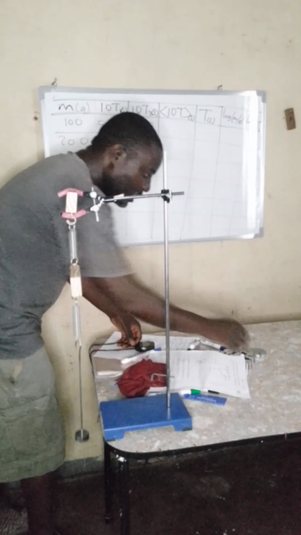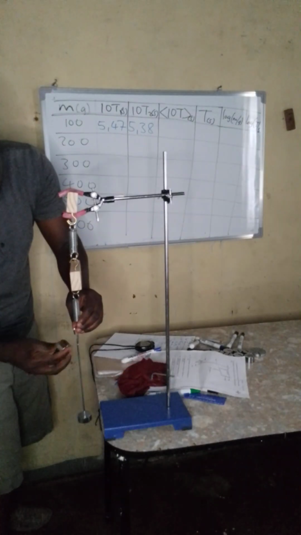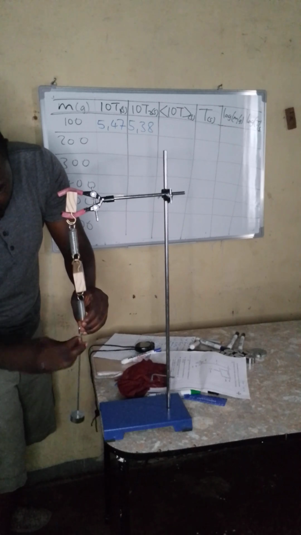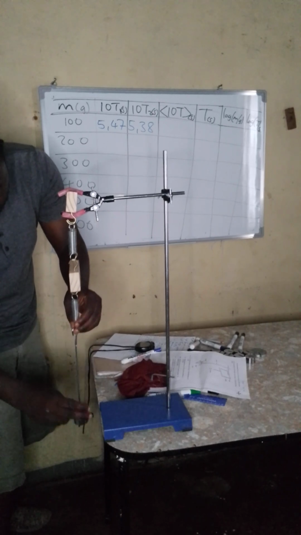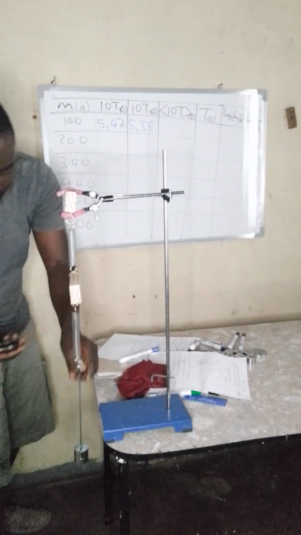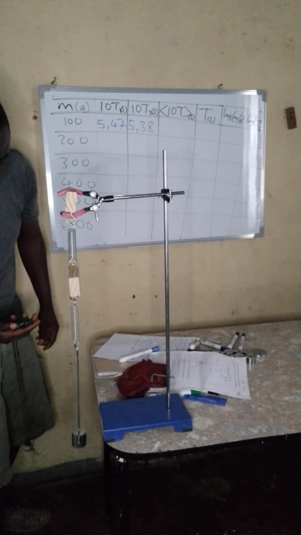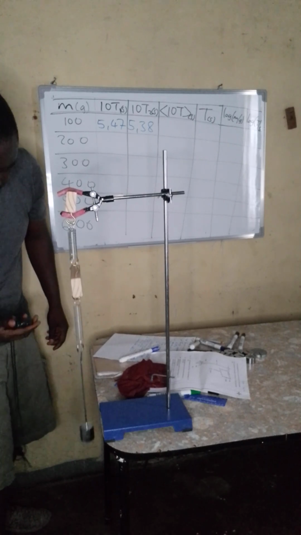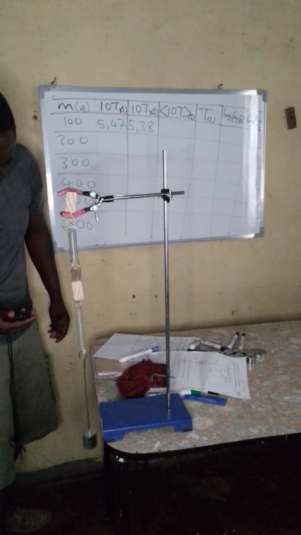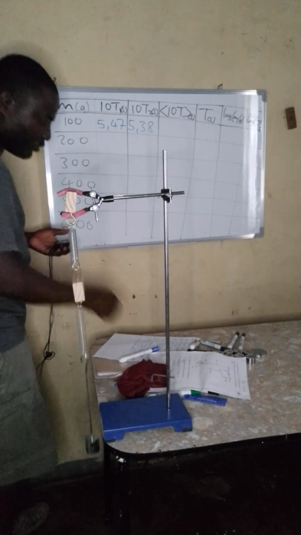Let's repeat and make it for 200 grams. This mass is 100 grams, and I'm adding another 100 to make it 200, right? So it will be 200. 0, 1, 2, 3, 4, 5, 6, 7, 8, 9, 10. 7.63.